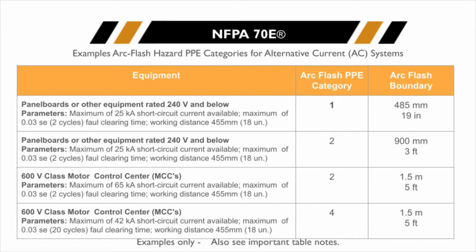If you use the table method, if you look at PPE category 1, it says an arc-rated face shield. Note 2 says you have to have side shields and chin guards, but it doesn't call for a balaclava. Article 130, section 130.1, says all requirements of the text apply whether you're using the table method or calculating the incident energy.